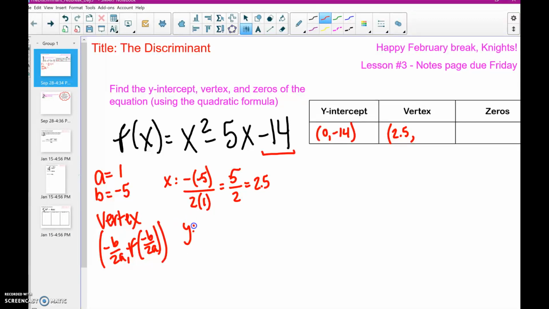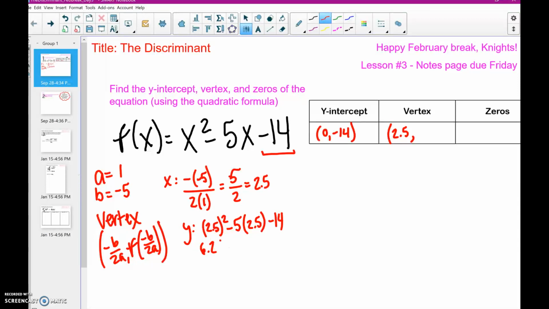Our y-coordinate is plugging that into our function. So here we have 2.5 squared minus 5 times 2.5 minus 14. So our calculator will come in handy here. We have to do 2.5 squared, and 2.5 squared is not 5. A lot of people think it's 5. That'd be 2.5 plus 2.5.